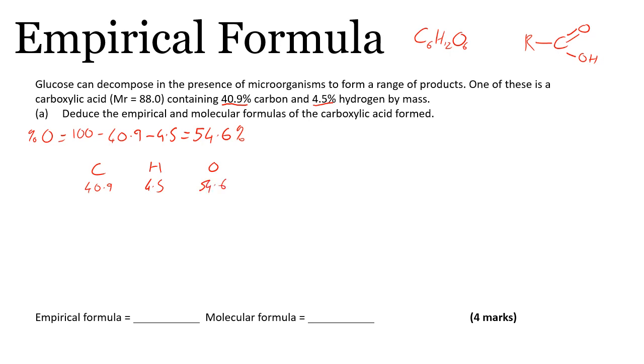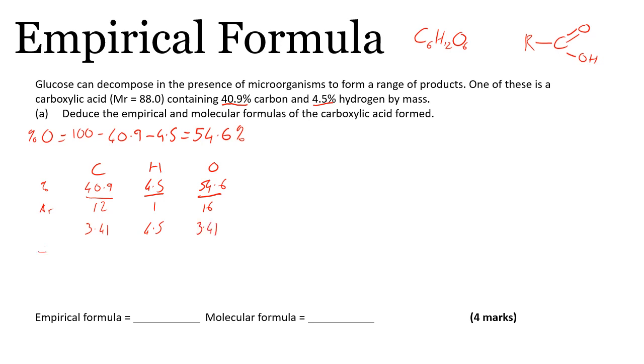Then you want to divide it, so that's our percentage. Then you're going to divide it by the AR, 12, 1 and 16. These aren't overly complicated ones, and that gives you 3.41, 4.5, and this one's also 3.41.